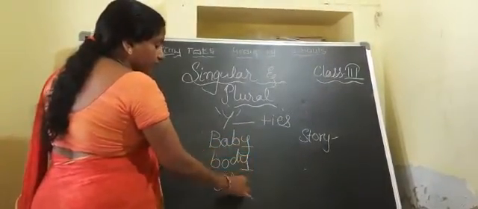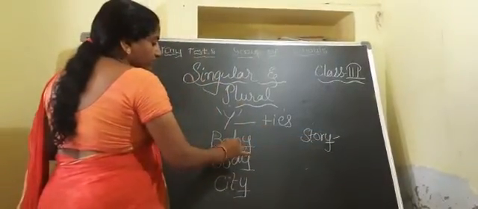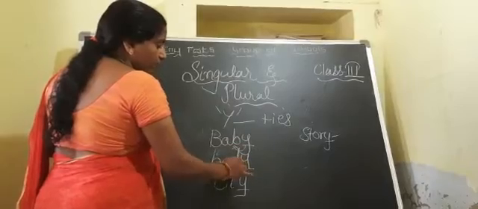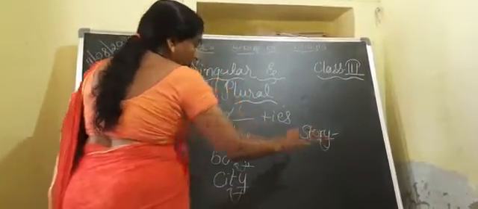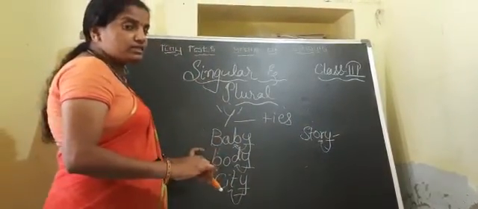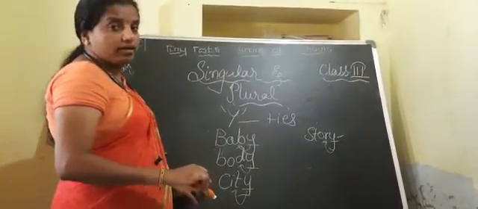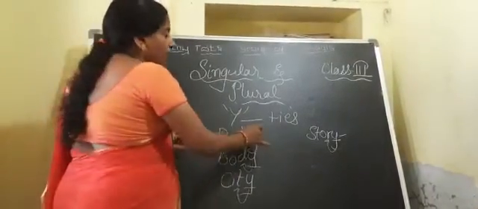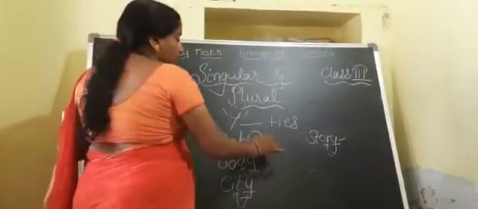The words are ending with y, but before y there is a consonant. The word which ends with y, and if before y there is a consonant, to write the plural of such words, we have to replace the y with ies.